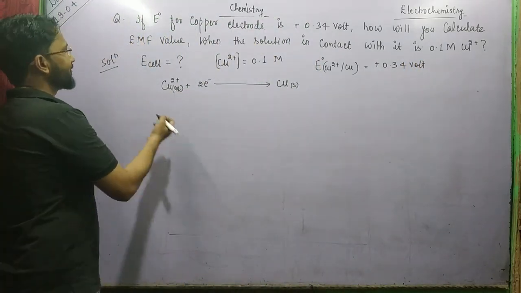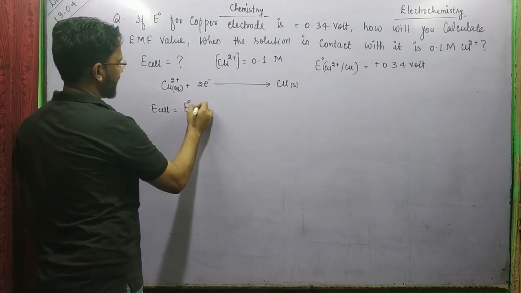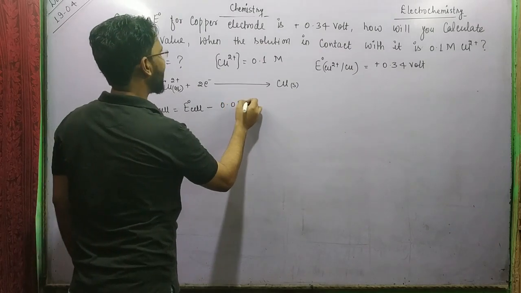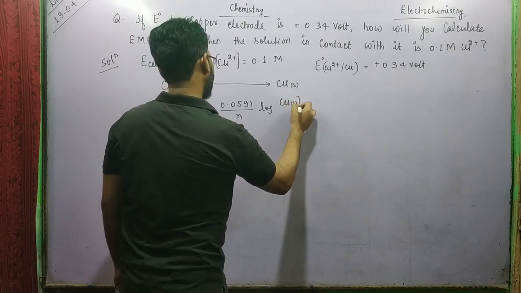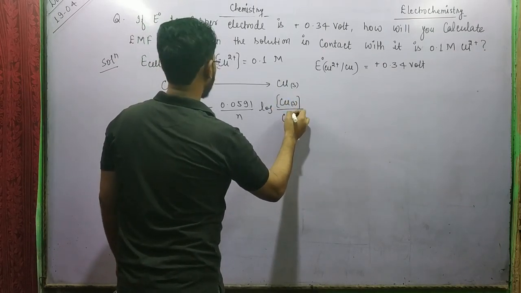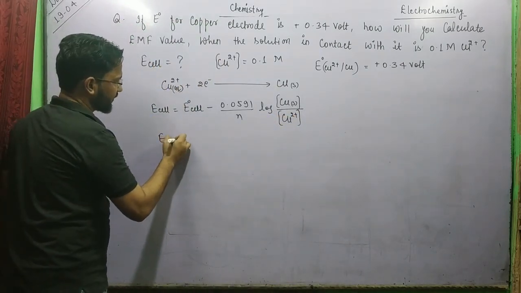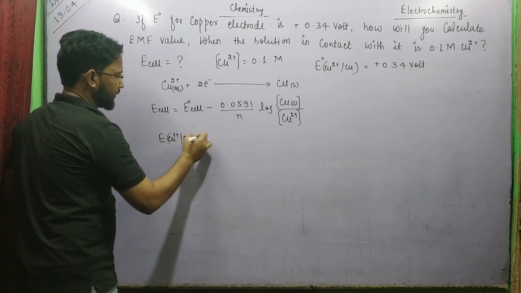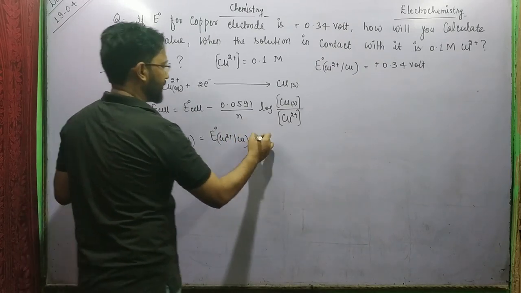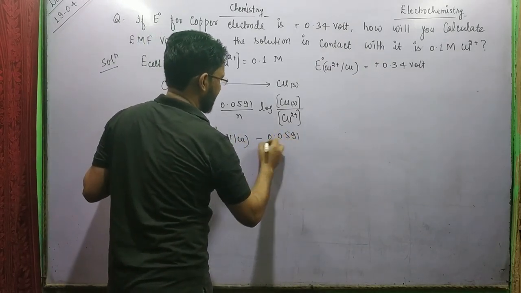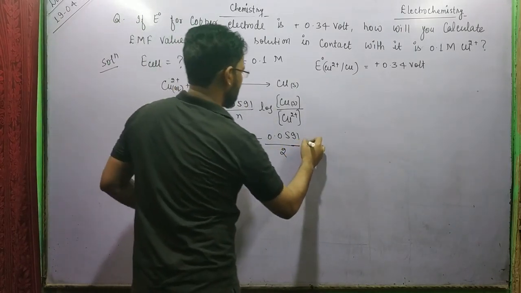Now we apply the Nernst equation. The Nernst equation is E cell equals E naught cell minus 0.0591 over n log of the concentration of product over Cu2+ aqueous. Here the reduction potential means E Cu2+/Cu equals E naught Cu2+/Cu minus 0.0591 over n, and the value of n is 2, the gaining or losing of electrons, log base 10.